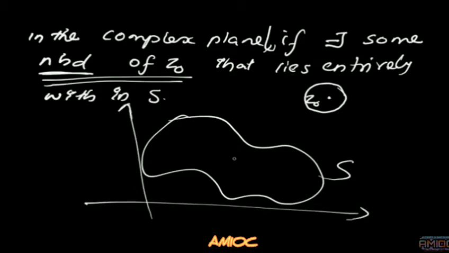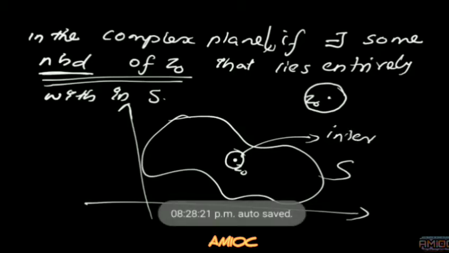And if we consider the point Z0 in this set, then we can find an open disk of small radius that completely lies inside the set. Therefore, this point is an interior point of the set S.